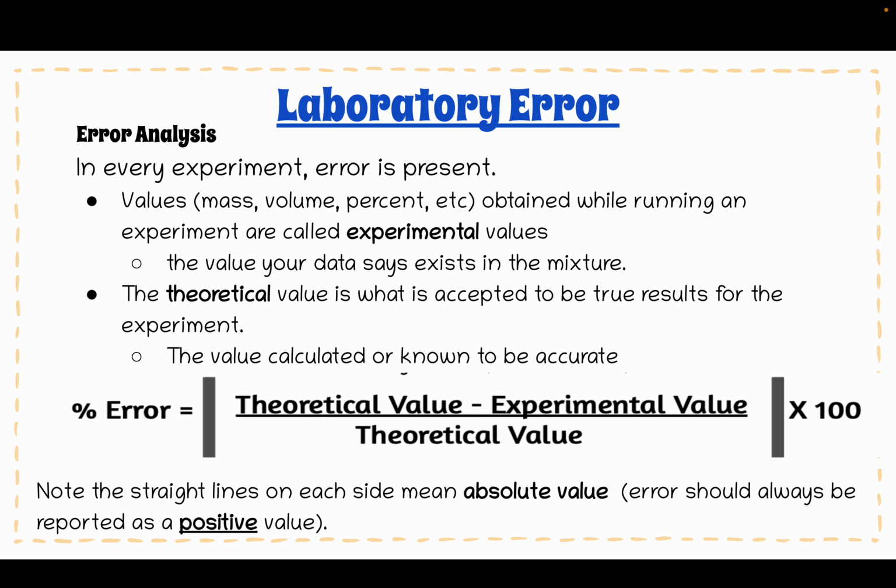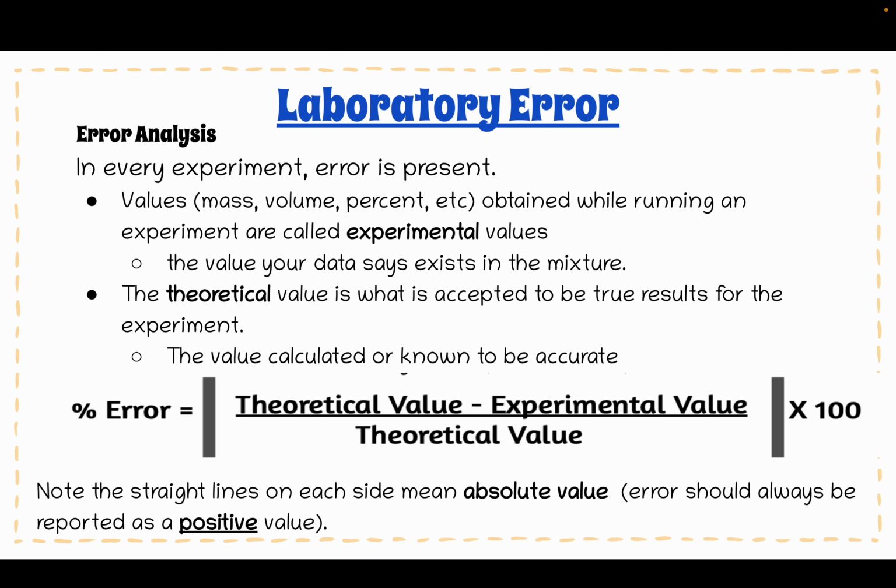The formula that we use to calculate percent error is equal to the theoretical or the known value, the accepted value, minus the experimental value or the actual value, divided by the theoretical value again, and then multiplied by 100.